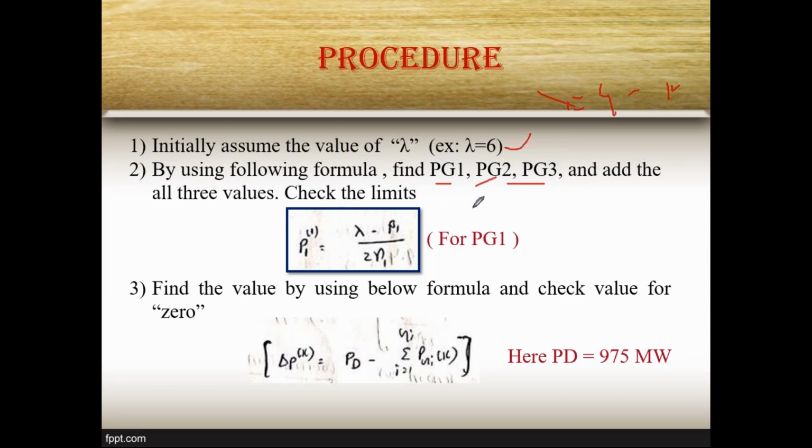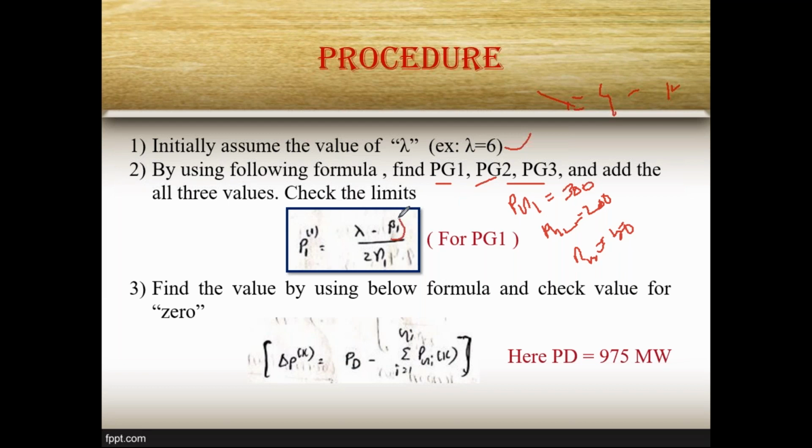Check the limits, which are given here. Suppose PG1 comes to 300, PG2 to 200, and PG3 to 150. These are the values you obtain while substituting the lambda value.